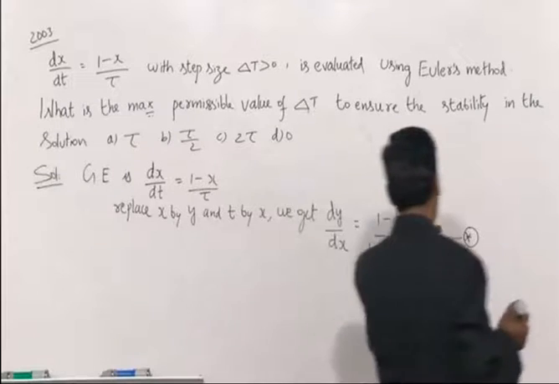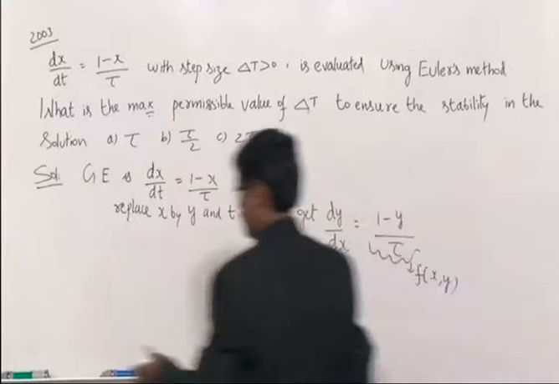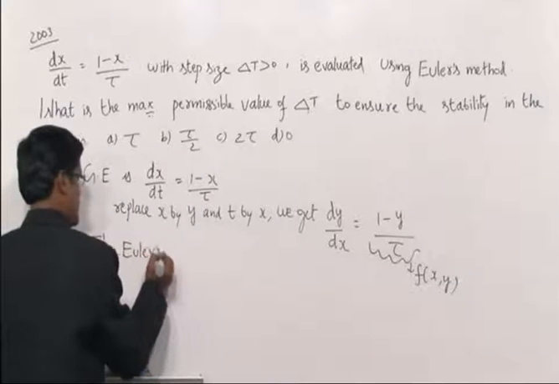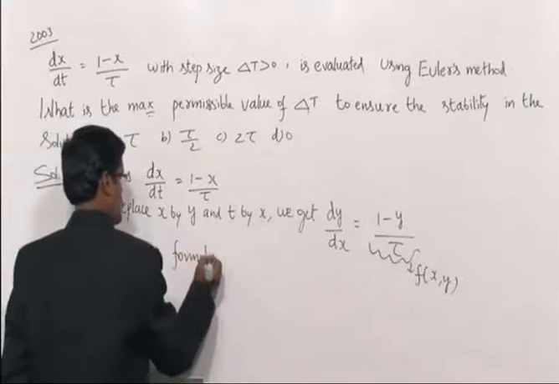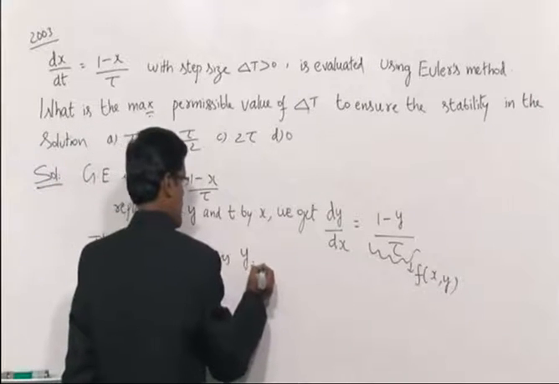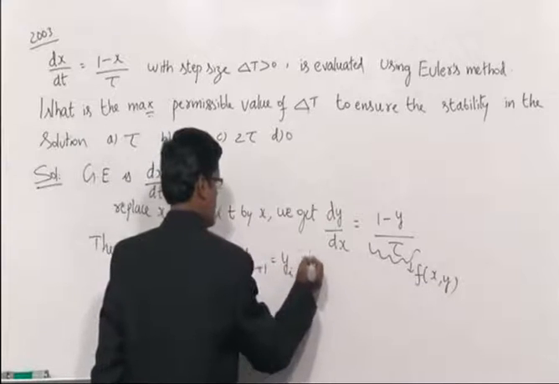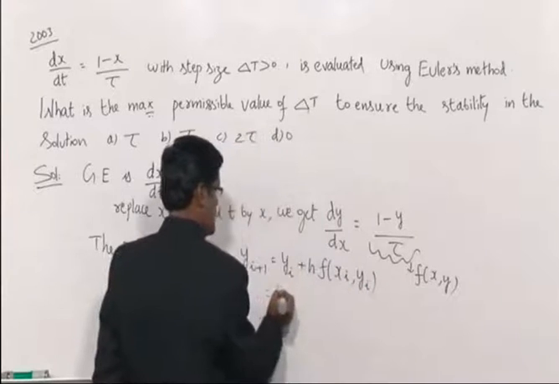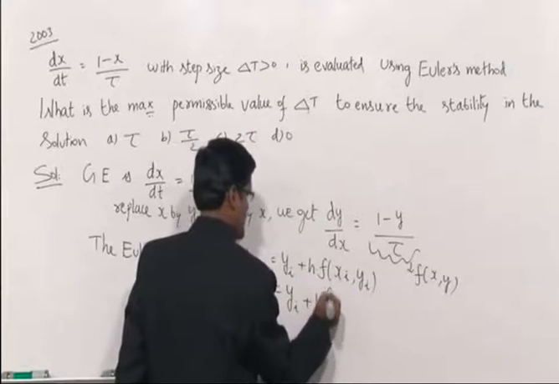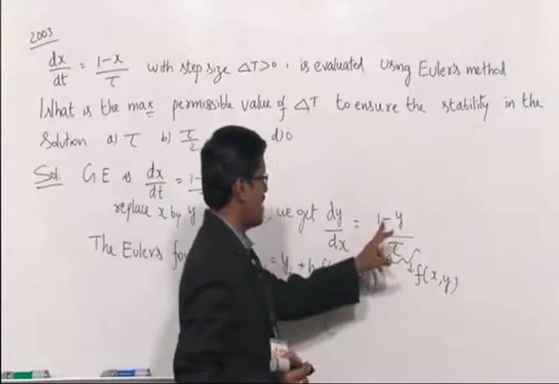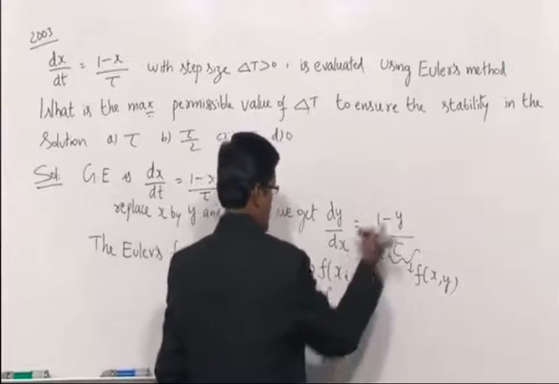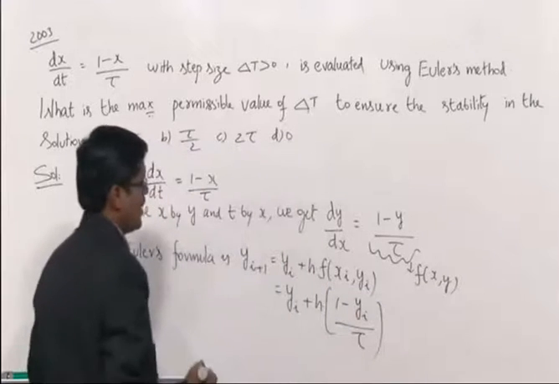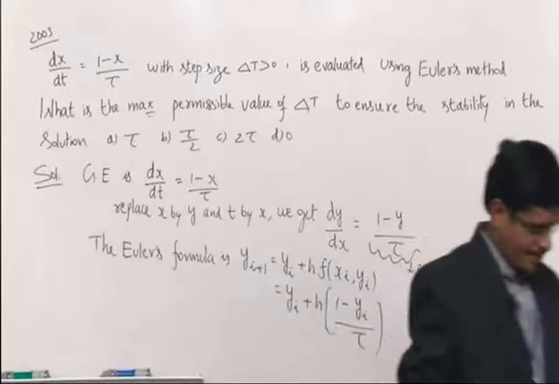Sorry, don't put the star. The Euler's iterative formula is y i plus 1 is equal to y i plus h times f of x i comma y i. This is equal to y i plus h times, what is f of x i comma y i? In this, x is replaced by x i, y is replaced by y i, but it is absent of x: 1 minus y i by tau. And the h value is also given in terms of delta t.